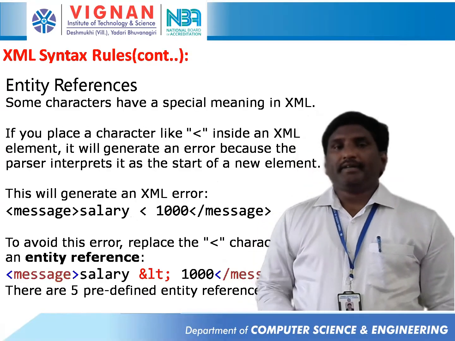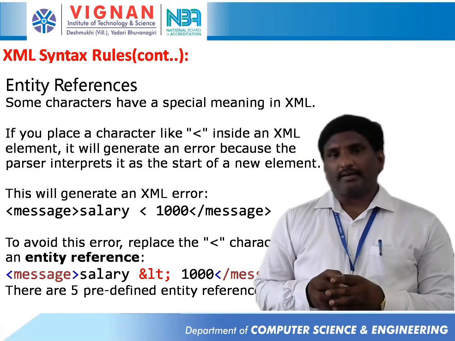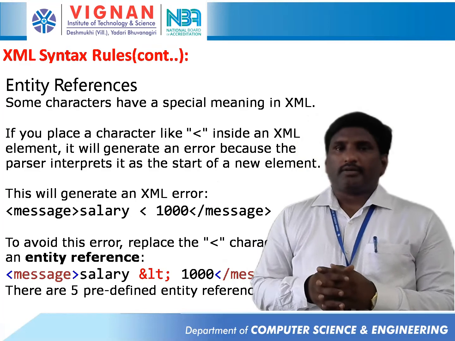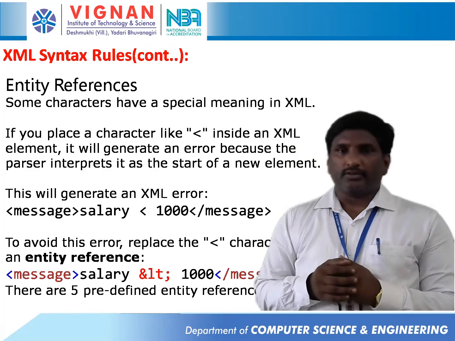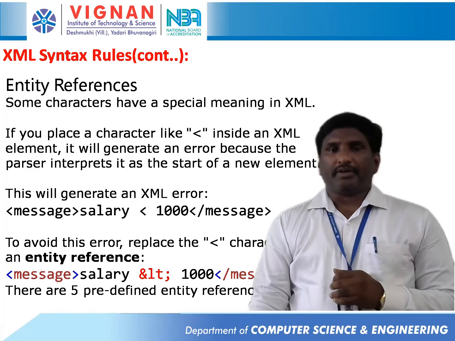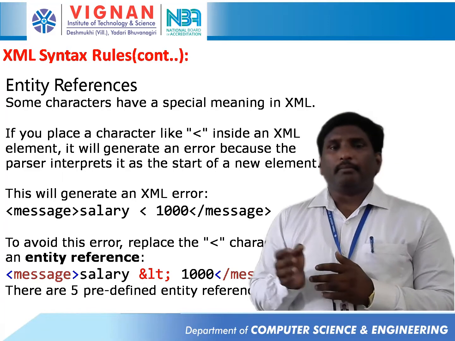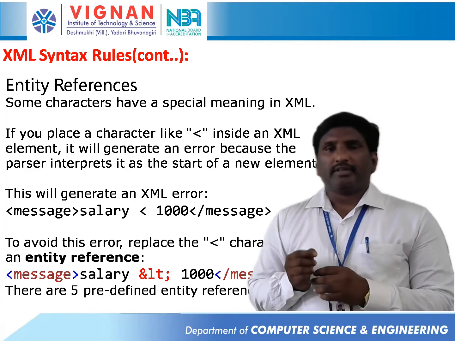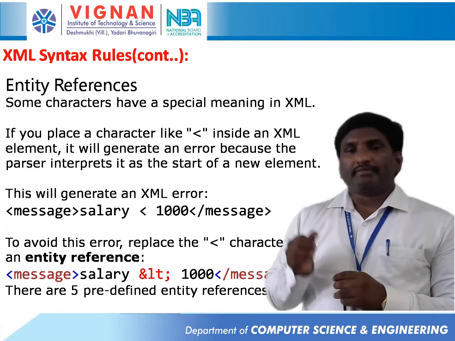Next, entity references. While writing text in XML, suppose an employee has salary less than 1,000, and I have written salary less than 1,000 directly. In that case, instead of writing less than, we should write an entity reference.